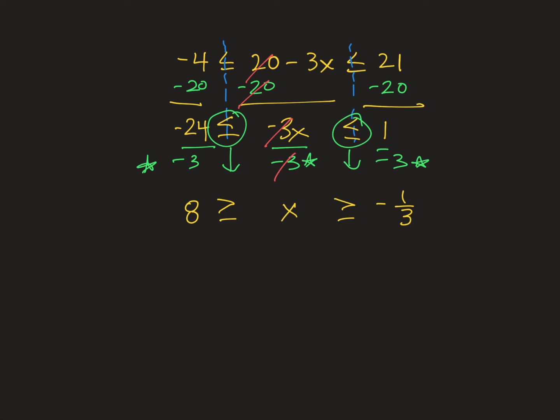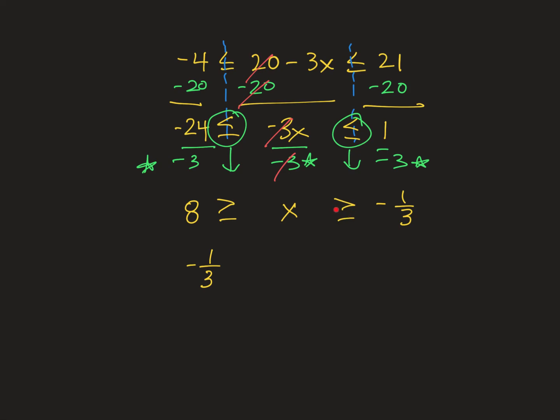But I'm going to start with my smallest value, negative 1/3. Okay, so again, I just want to confirm that 8 is greater than any value of x that is also greater than negative 1/3. 8 is greater than or equal to negative 1/3. That is true, and that is correct. But let's start here and reverse everything. So if I'm reversing, that includes reversing my inequality symbols.